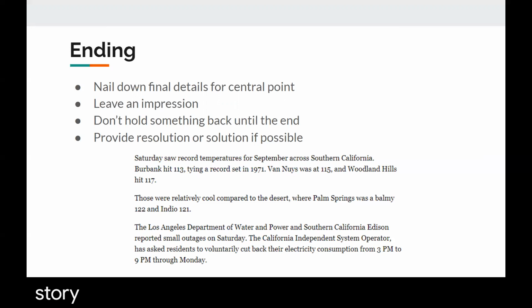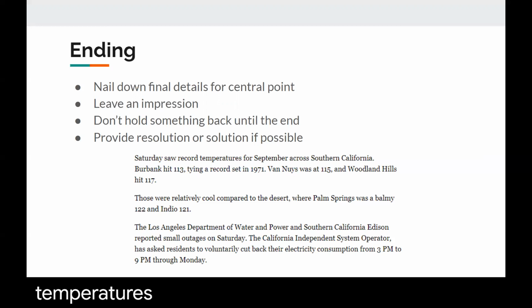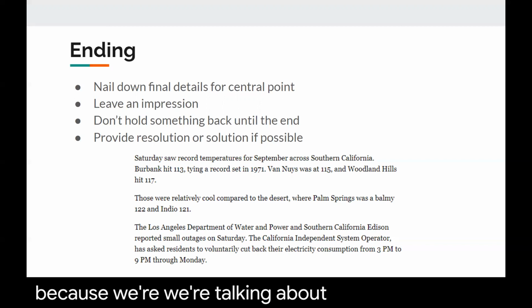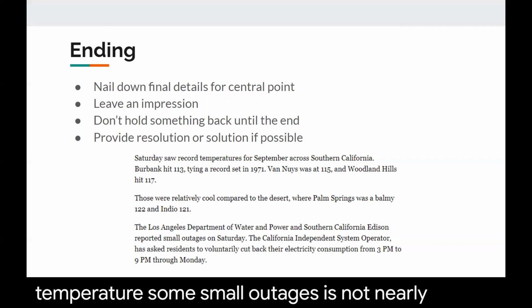So here's a story about how Southern California set record temperatures over Labor Day weekend. And how they end is that the Los Angeles Department of Water and Power and Southern California Edison reported small outages on Saturday. So this is a less important detail, because when we're talking about setting record temperatures, some small outages is not nearly as important.